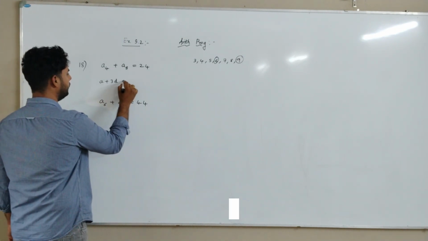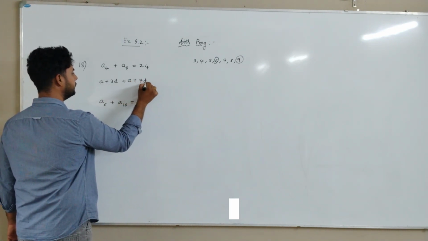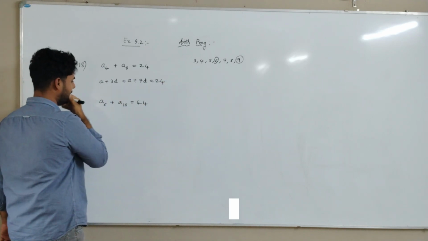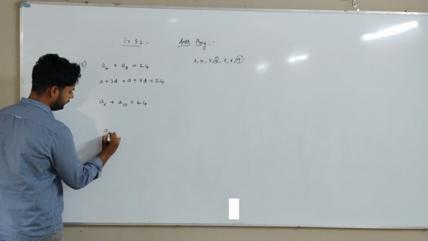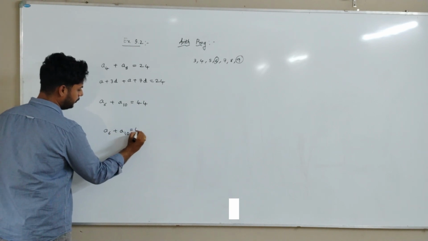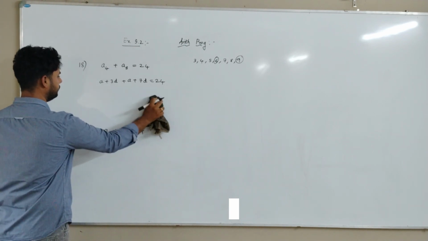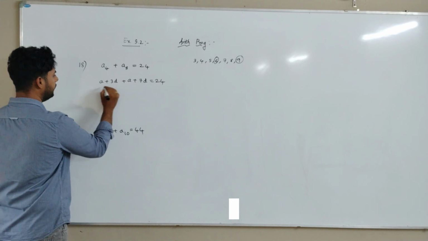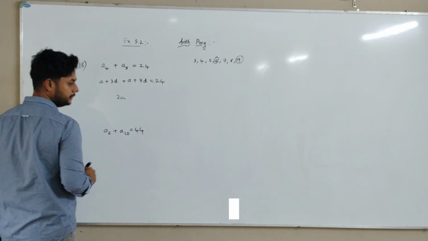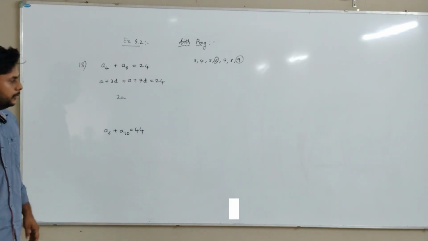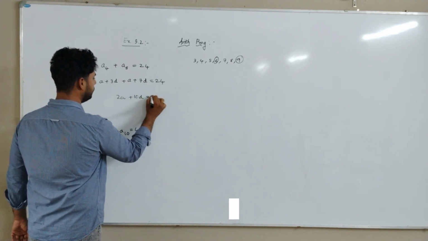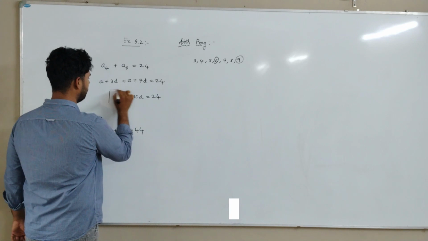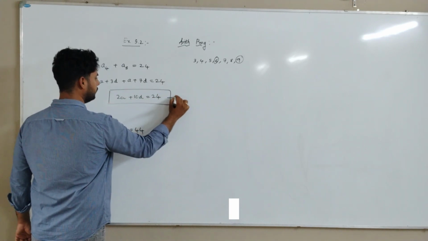So A4, how can I write, as A plus 3D, plus A8, A plus 7D, is equal to 24. A plus A is 2A, 3D plus 7D is 10D, equal to 24. Equation 1.